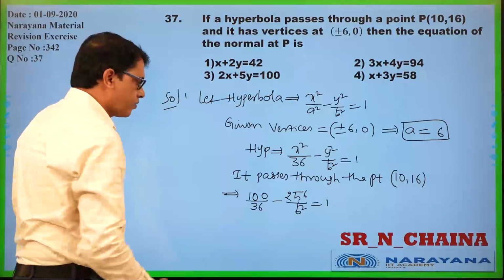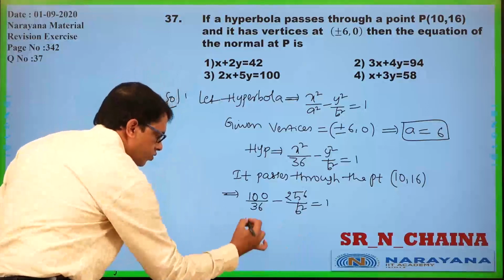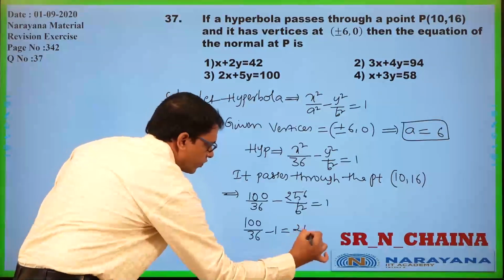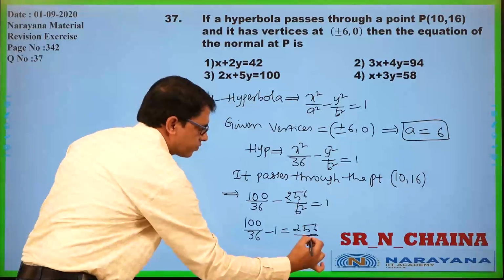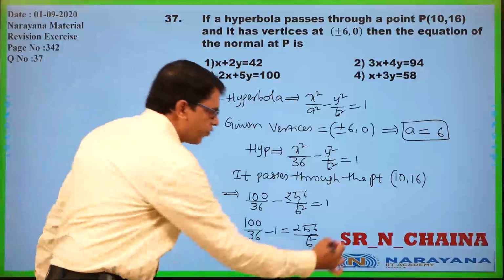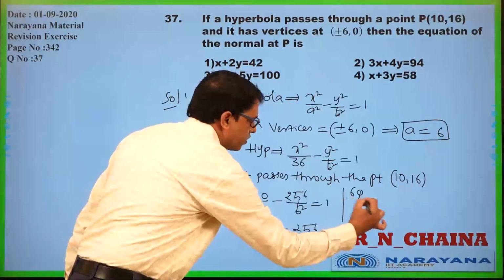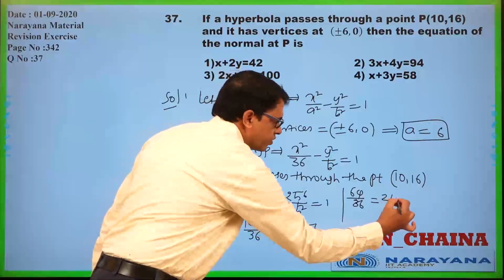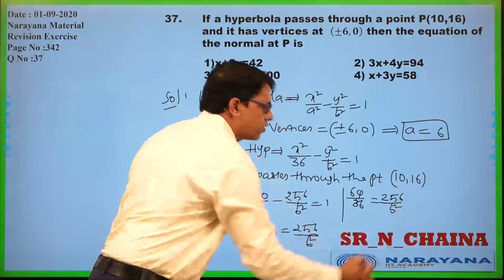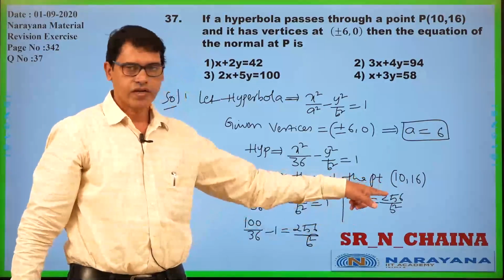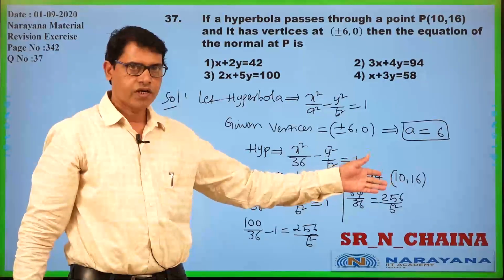Now, simplify this one. 100 by 36 minus 1 equals 256 by b square. So 100 minus 36 is 64, so 64 upon 36 equals 256 upon b square. Cross multiply: 64 b square equals 256 times 36, so b square equals 144.